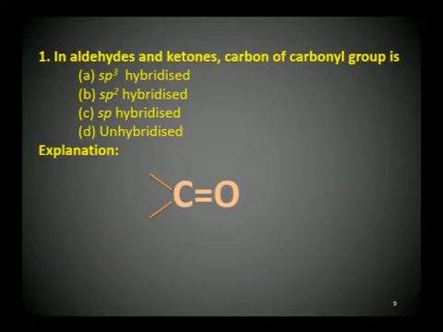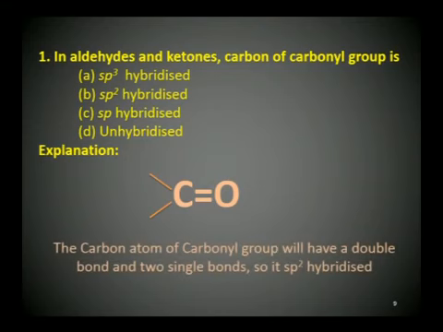Okay. Now, see here. This carbon atom has a double bond and two single bonds. When a carbon atom bears 4 single bonds, we call it an sp3 hybridized carbon atom. If a carbon atom has 2 single bonds and 1 double bond, we call it an sp2 hybridized carbon atom.